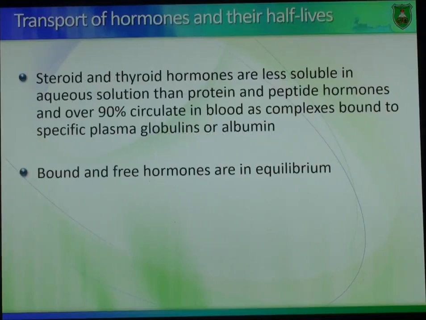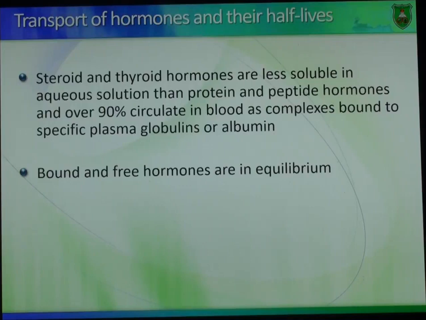So the idea is that the protein and peptide hormones, the water-soluble hormones, have no problem traveling by themselves in the bloodstream. But on the other hand, steroids, because they are lipid-soluble and as well as thyroid hormones, since they are less soluble in blood, they need a carrier, or let's say carriers.